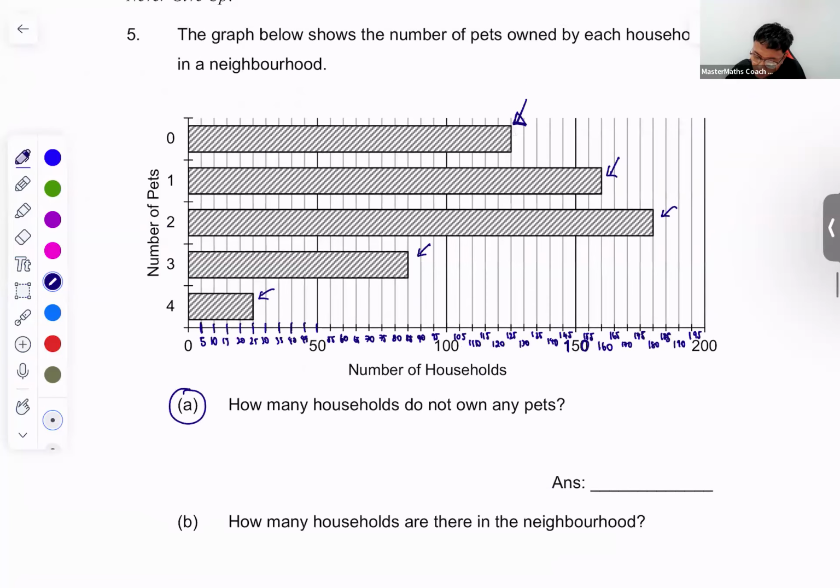Okay, then now can you tell me what is the value of each graph?